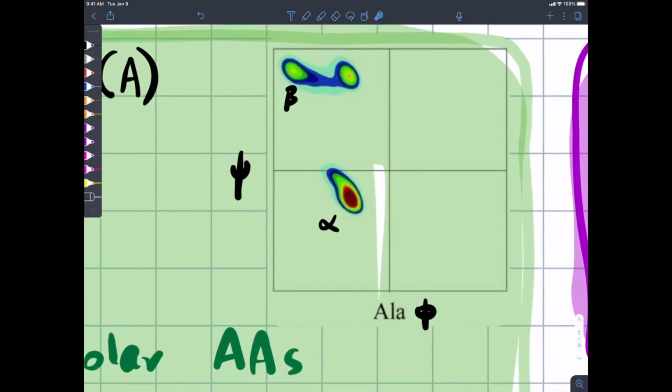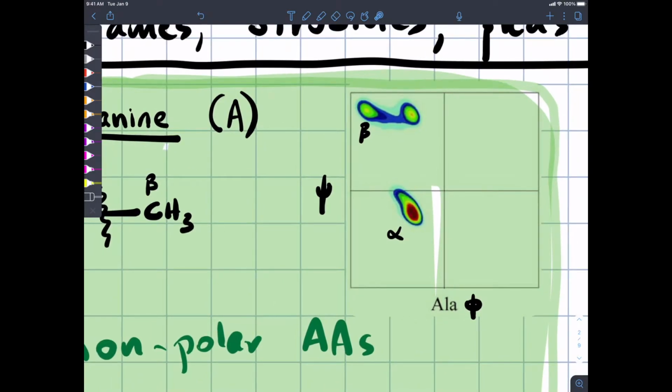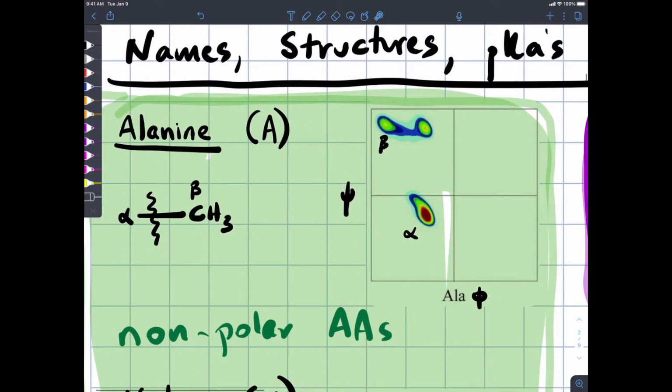The Ramachandran plot here is a heat map where more intense colors of red mean more examples. So places where the plot is intensely red suggest that there are a lot of examples of alanine with dihedral angles that are consistent with alpha helical structure. But alanine is happy in a lot of different contexts, in the beta sheet context and in the polyproline helix context.